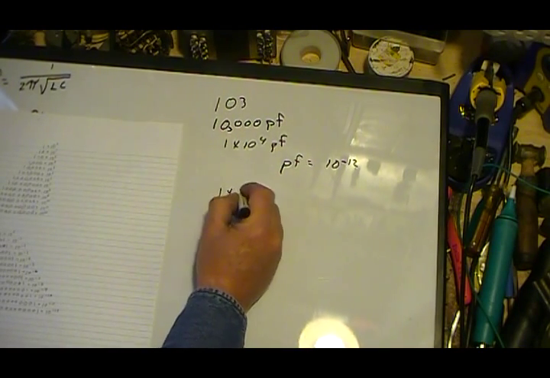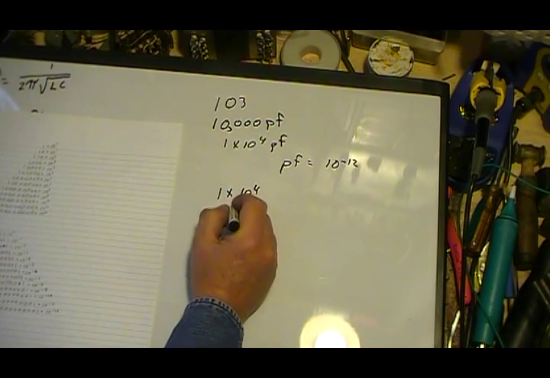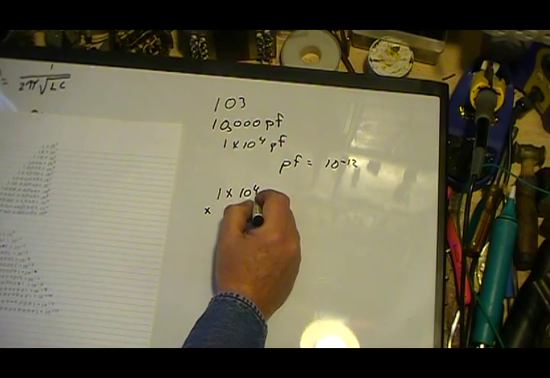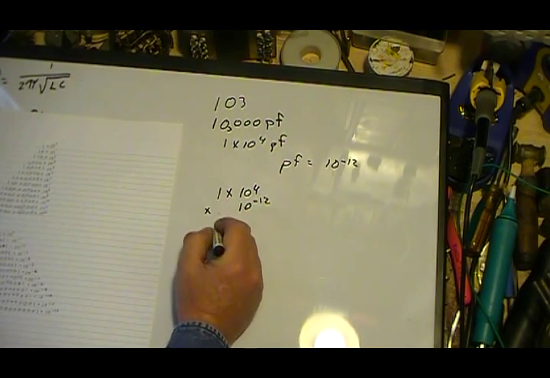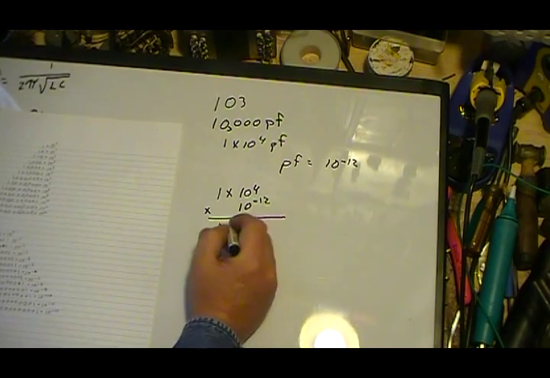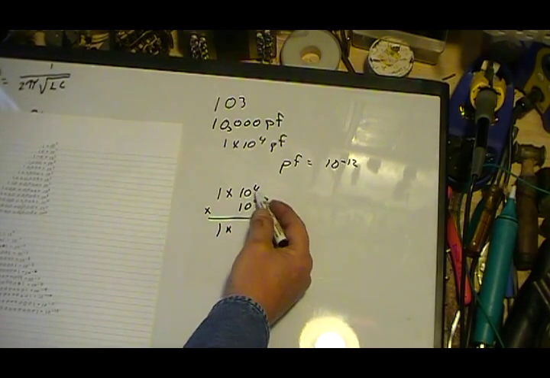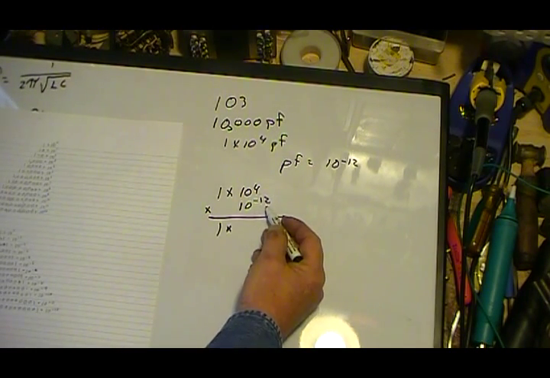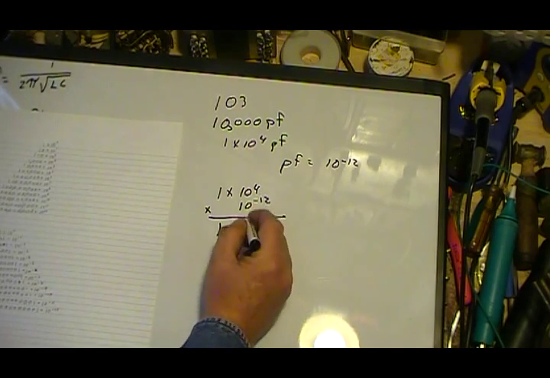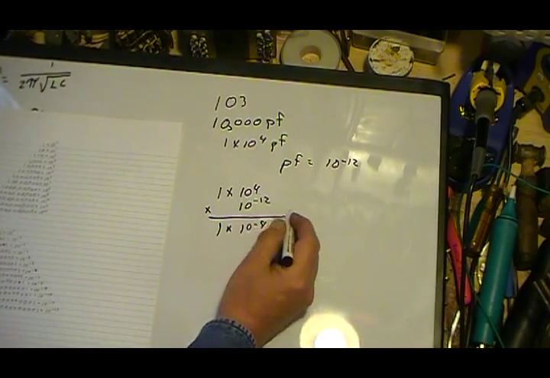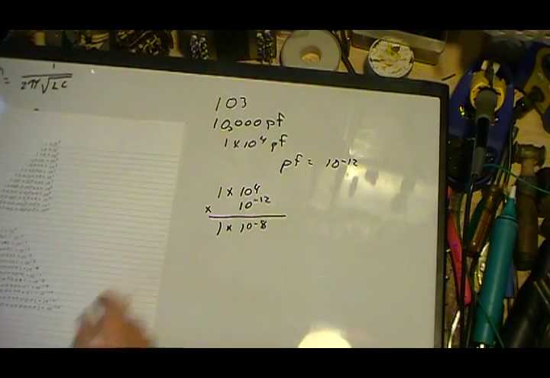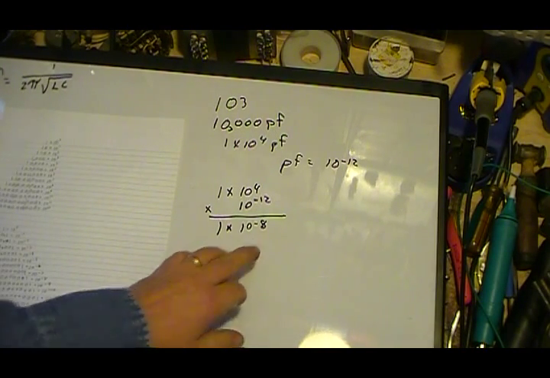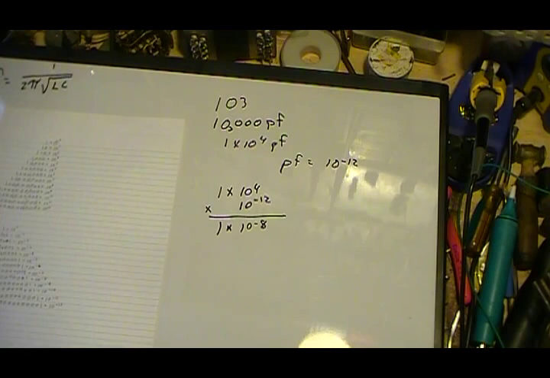So I could go like this and multiply that by 10 to the minus 12. Our 1 will come down, and now we just add those two together. So 4 added to a negative 12 will give us a negative 8.